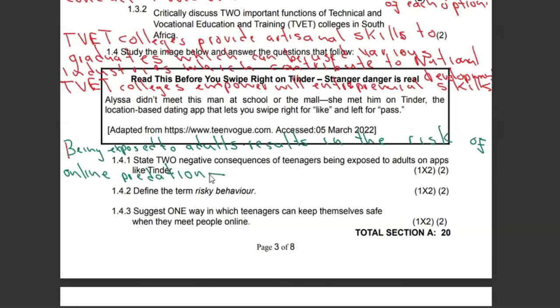Why do we say that? You find that untrustworthy adults may exploit the vulnerability and the naivety of teenagers, engaging in predatory behavior. They might try to manipulate or even coerce teenagers into sharing personal information, explicit content, or meeting in person for harmful purposes. So this is actually a bad practice.